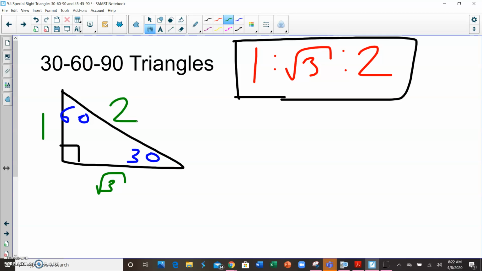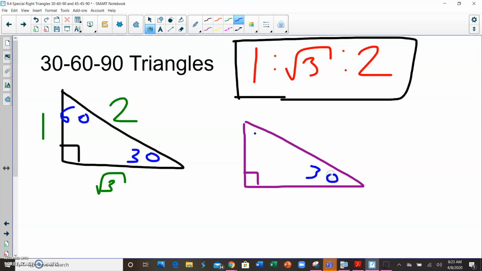All right, so on your assignment, you're going to be given a triangle with only one side. So let's say that we have this triangle here, and that's our 90, and we have our 30, and we have our 60.